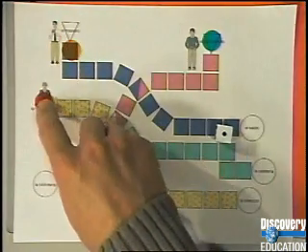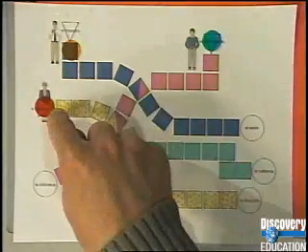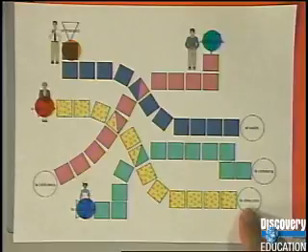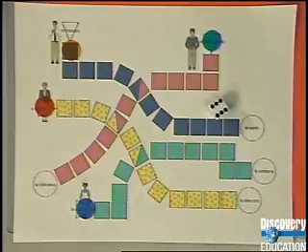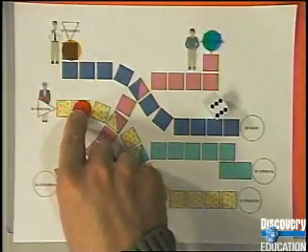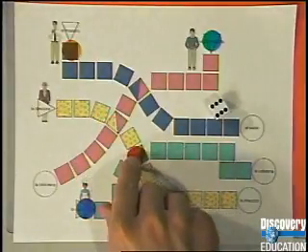Now it's la directora's turn. ¿Dónde trabaja la directora? Well, we could follow her path down here and find out. La directora trabaja en la dirección. So let's see, what does she get? 6. All right. Now, you have to be able to count in Spanish to move your number. 1, 2, 3, 4, 5, 6.